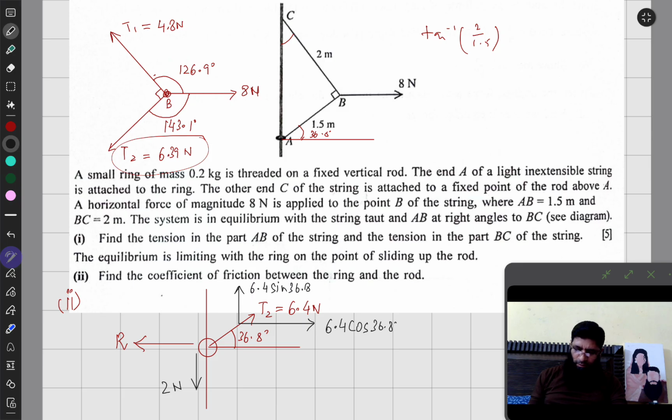Plus you can see that the equilibrium is limiting, with the ring on the point of sliding up. Sliding up means that the friction will be downward, because it is on the point of sliding up. If it is moving, it will be moving upward, so the friction will be downward in this case.